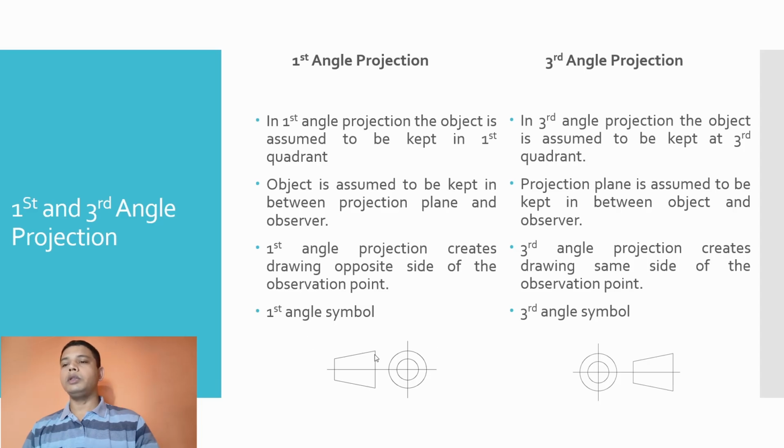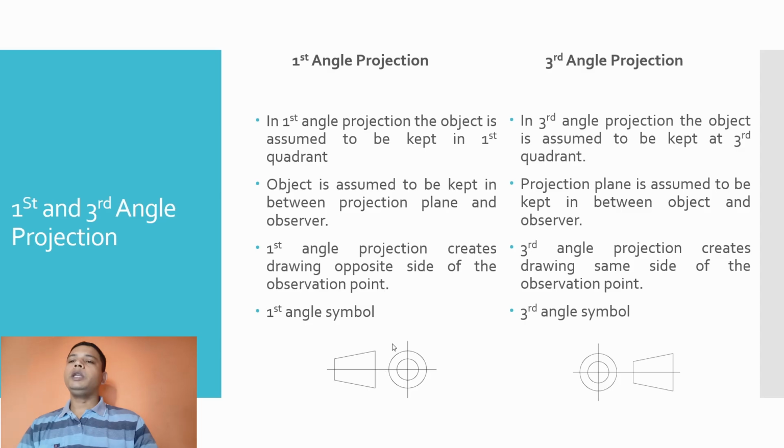Whenever I discuss this symbol, it will be much clearer for you to understand. The image generated on this plane of projection will be the image of this face of the object, not this face of the object, and you are standing here as an observer.